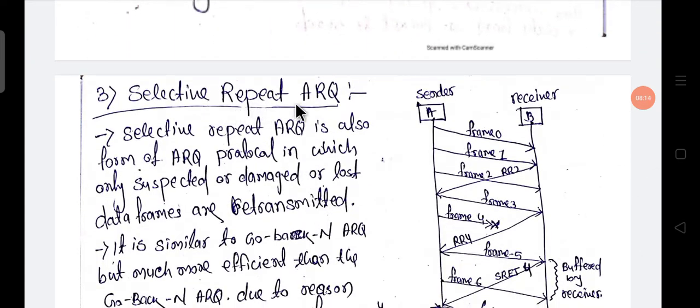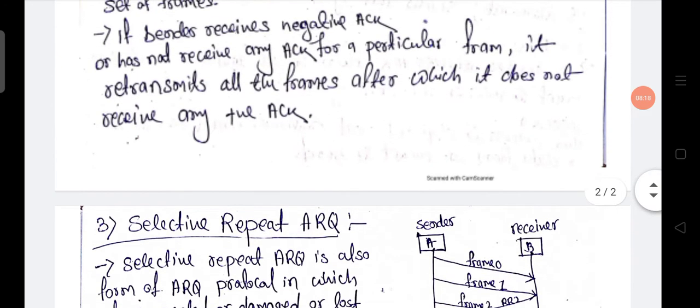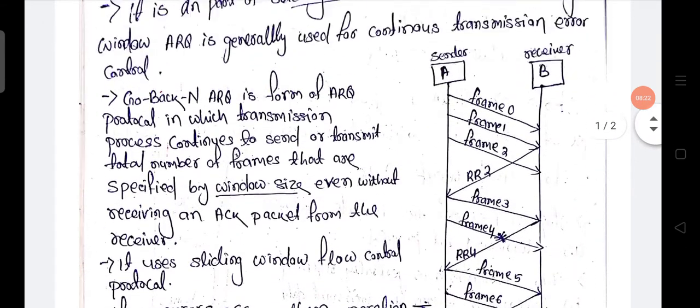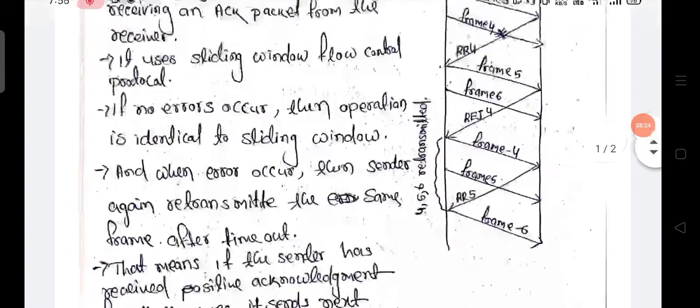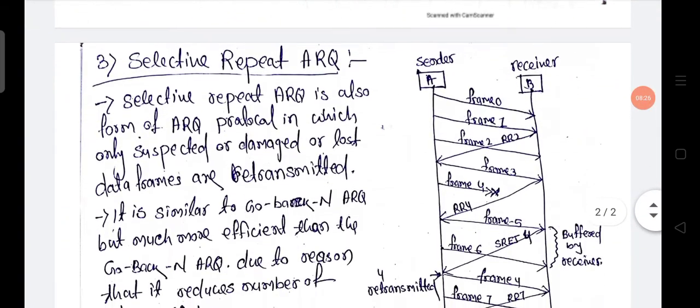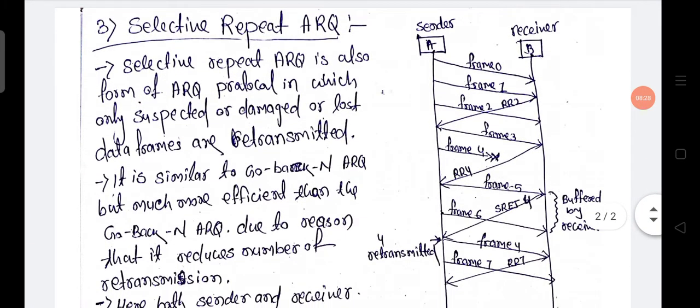Next, our next method is selective repeat ARQ. To overcome the disadvantages of Go-Back-N ARQ, we use selective repeat ARQ.